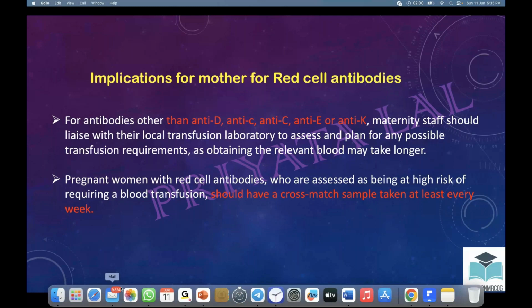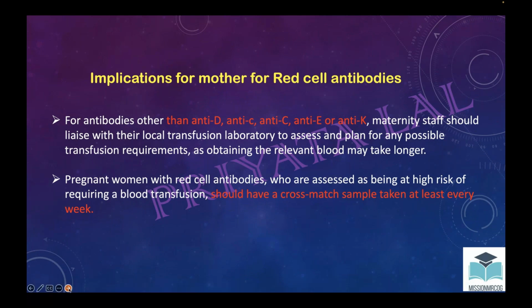Also, they want the cross match to be done if the woman is more at risk, so a cross match sample should be done every week. If the patient has anti-cell antibodies and is at risk, then according to guideline a cross match sample should be taken every week. They are checking it again because they want to know the antibody, like if any new one is coming, or what the titers are.